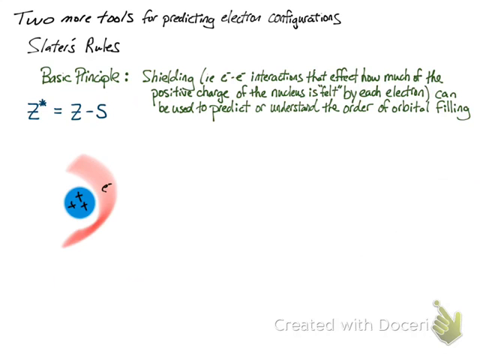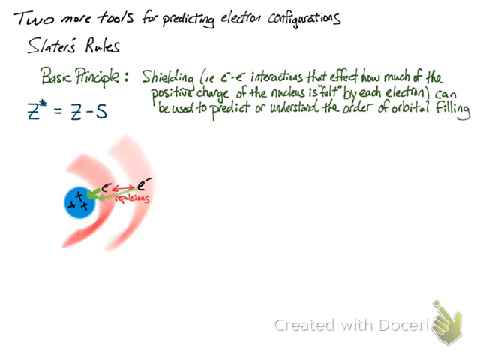And just to pictorially show what this means, if you have a nucleus with 3 positive charges, imagine an inner core of electrons, close to the nucleus, and then an outer shell of electrons. The electron-electron repulsions between those two is going to weaken the intensity of the positive charge that is felt by that outer electron.